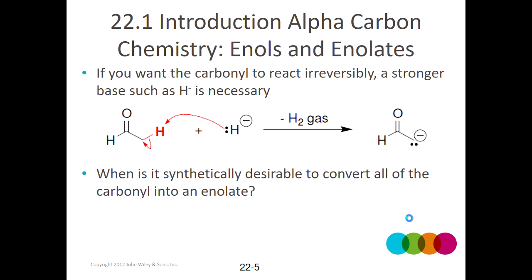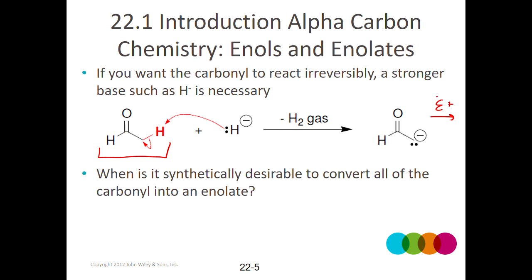Sometimes you don't want that to occur. So if you wanted to remove all of the alpha protons and convert all of the carbonyl compound into an enolate so that you can add some other electrophile. The strategy on the last slide would only be useful if we want the enolate we produce to specifically attack the carbonyl that the enolate was formed from.